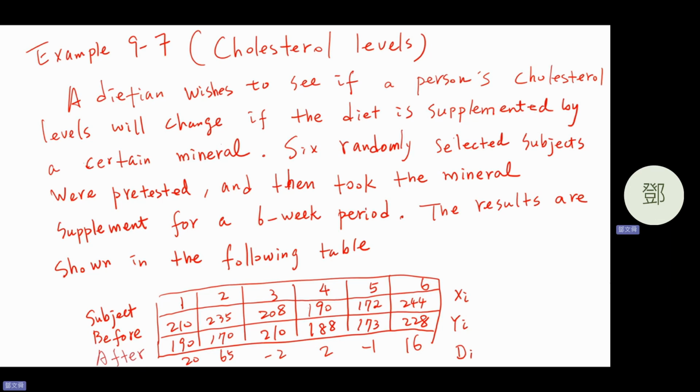Dietitian, how to pronounce it? Dietitian, 营养师, how to pronounce it?